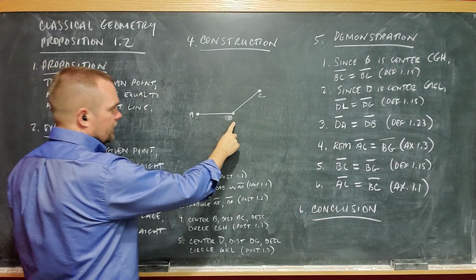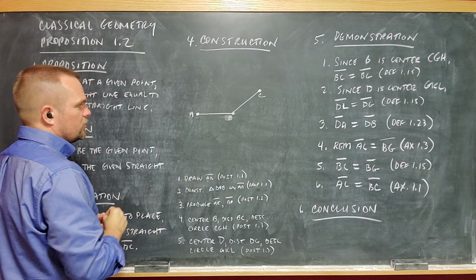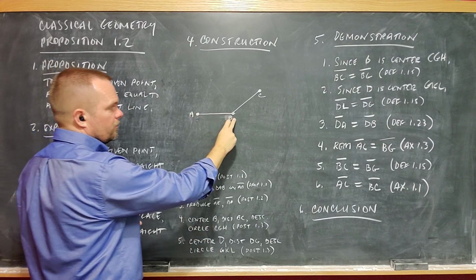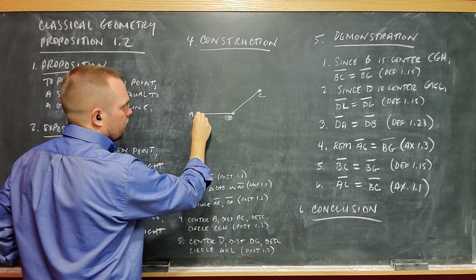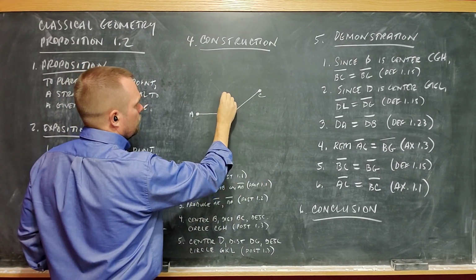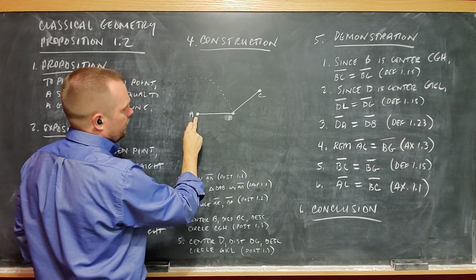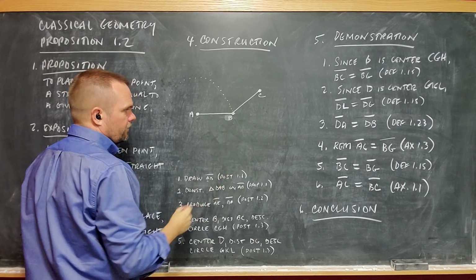We had a given straight line, the line AB. And the first thing we did was we took point A as a center and point B as the distance to the circumference of a circle, and we drew a circle around center A at distance B. That was our first step.